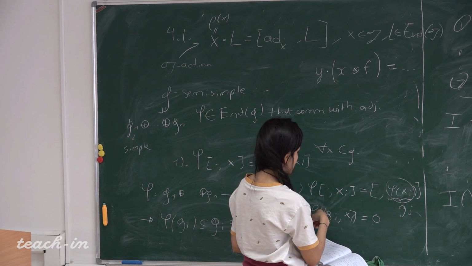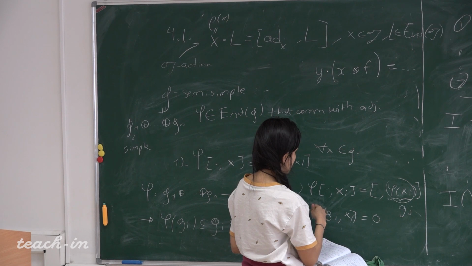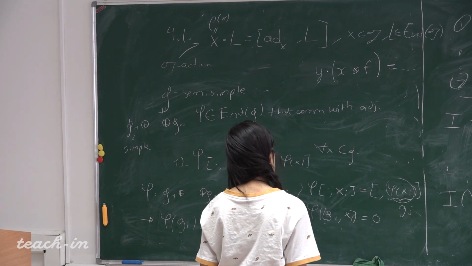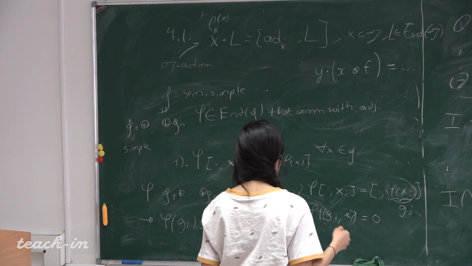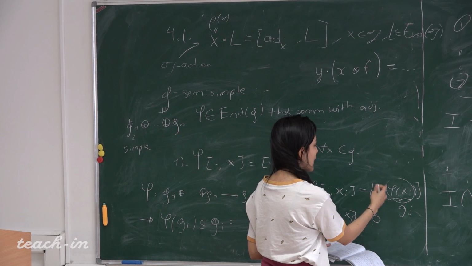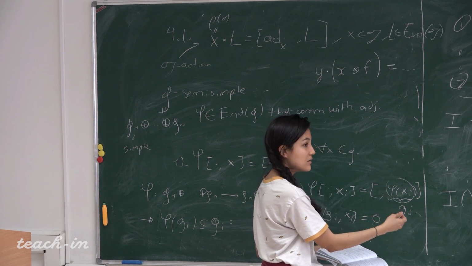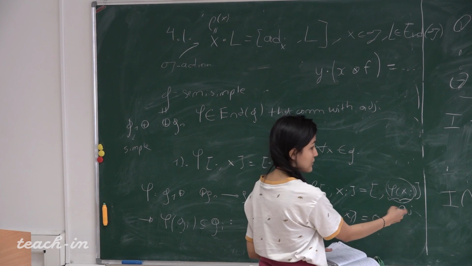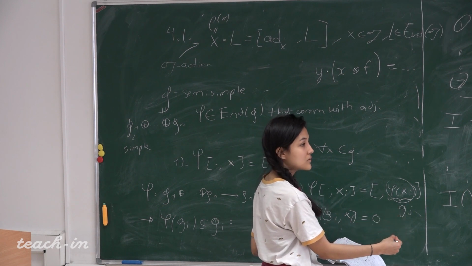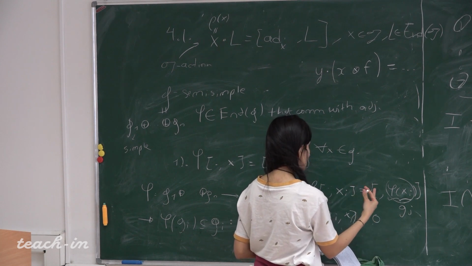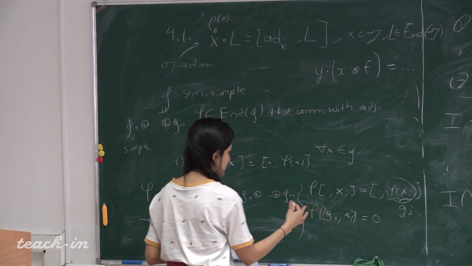wait a second. Oh no, I think I have a problem there. Because what I wanted to obtain was having some information about the center of this component. We know that the center must be trivial. I wanted to conclude that this cannot happen.